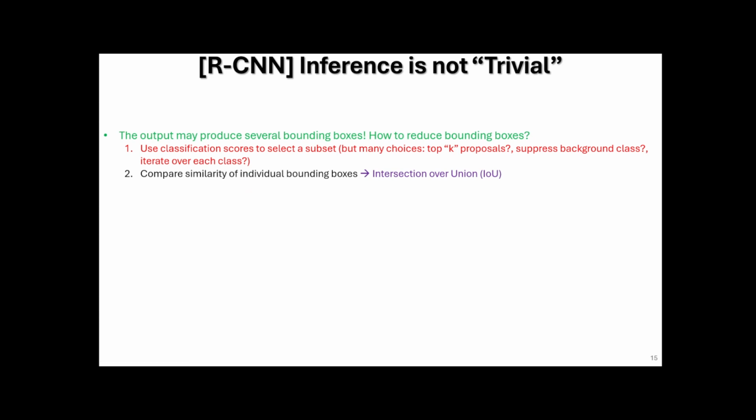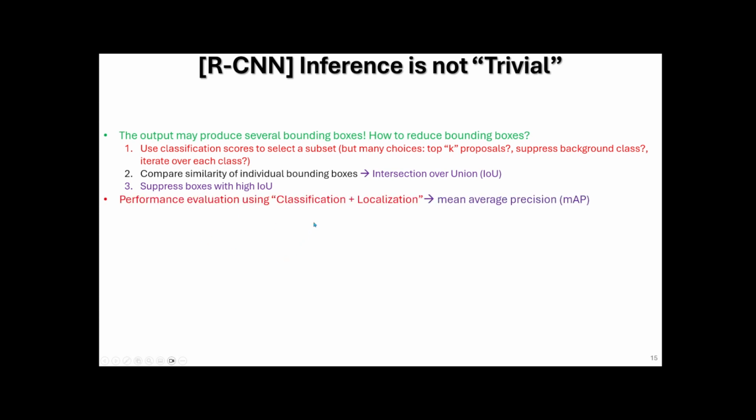So you take one class, all the bounding boxes belonging to that class, then you compute intersection over union across all the bounding boxes. A very high IOU value means they are very similar, and you can discard some of those very similar bounding boxes. We'll go through that algorithm in detail. Okay, so that's the idea.